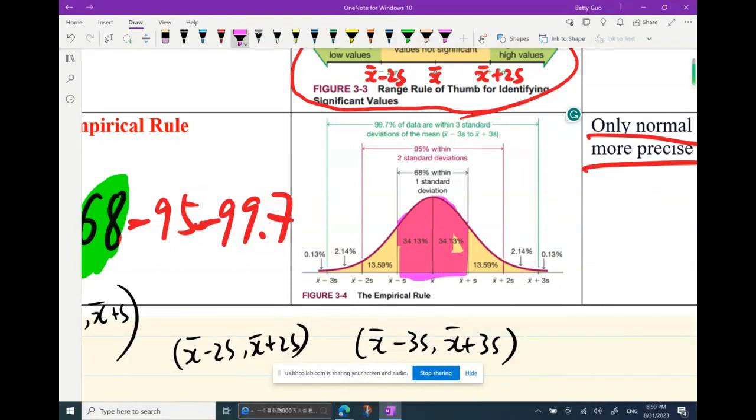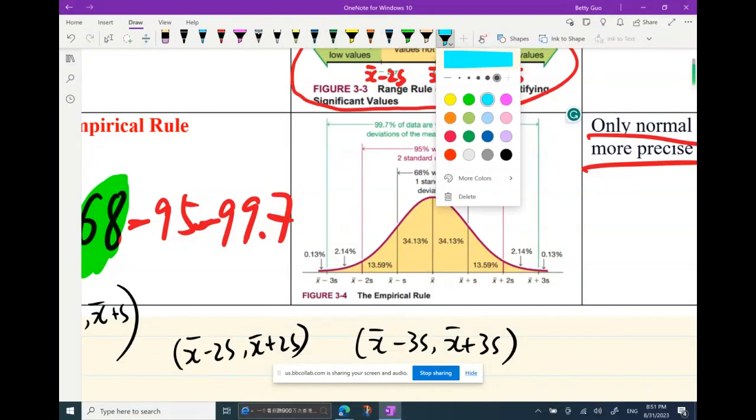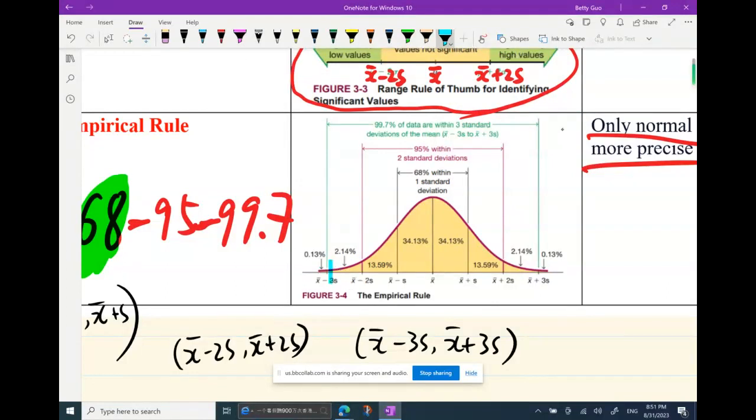Around 68% fall here, from x bar minus s to x bar plus s, and around 95% fall within here, within 2 standard deviations of the center. And almost all, let me use a different color, 99.7%, fall between x bar minus 3s and x bar plus 3s.